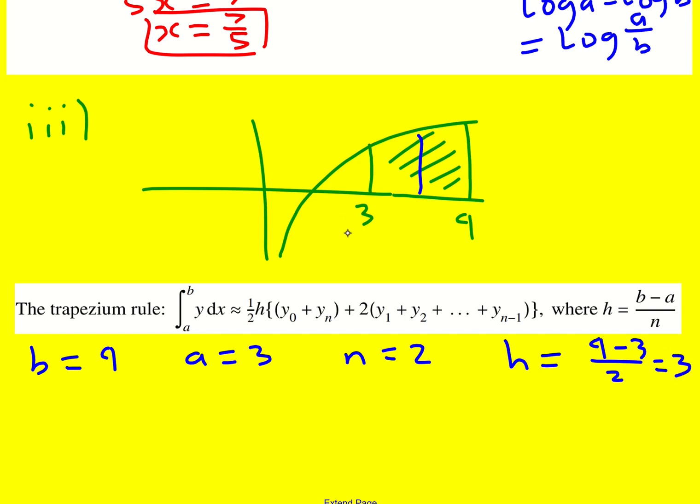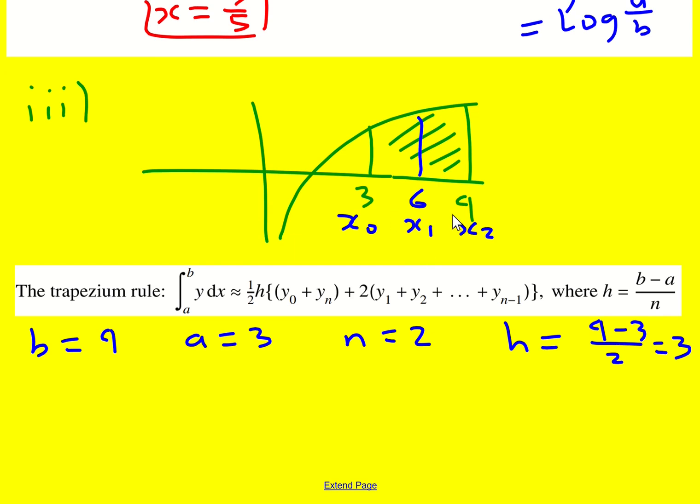And from that, I'm going to get my x naught. I'm going to add 3, my h value, to x naught to get x1, which is 6, and then finally x2. Now they're not in the formula, but they're going to allow me to get my y values.